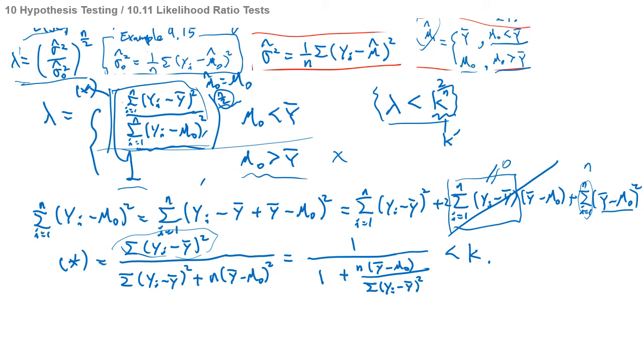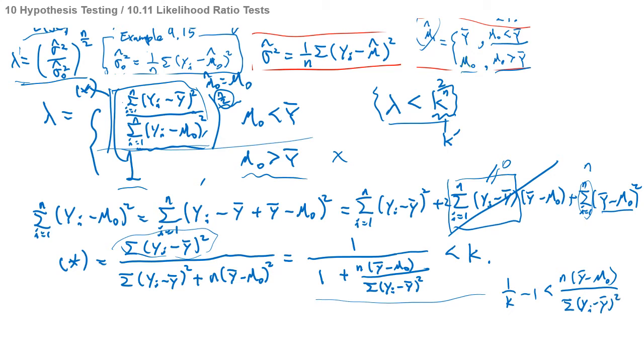Okay, and from this expression, we can rewrite 1 over k minus 1 is less than this thing, y bar minus mu 0 divided by the sum of yi minus y bar squared.